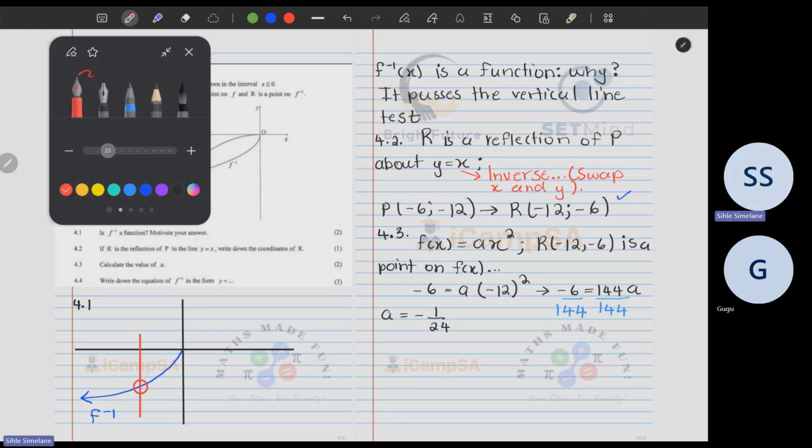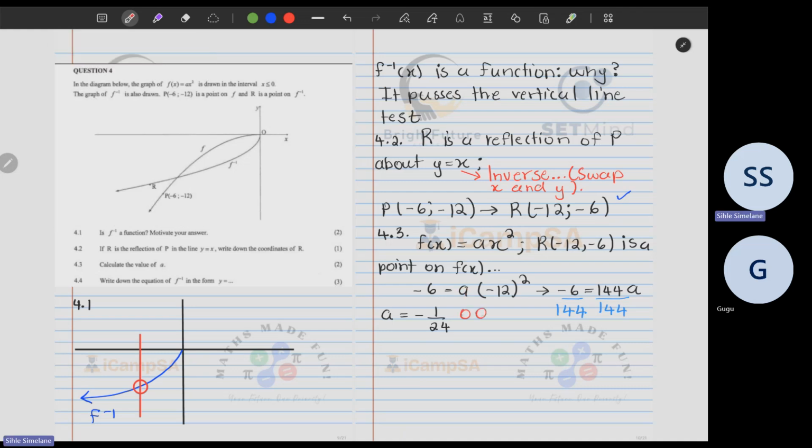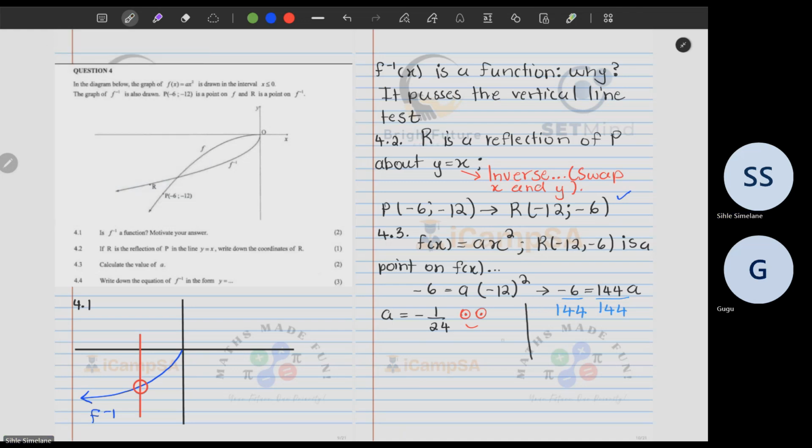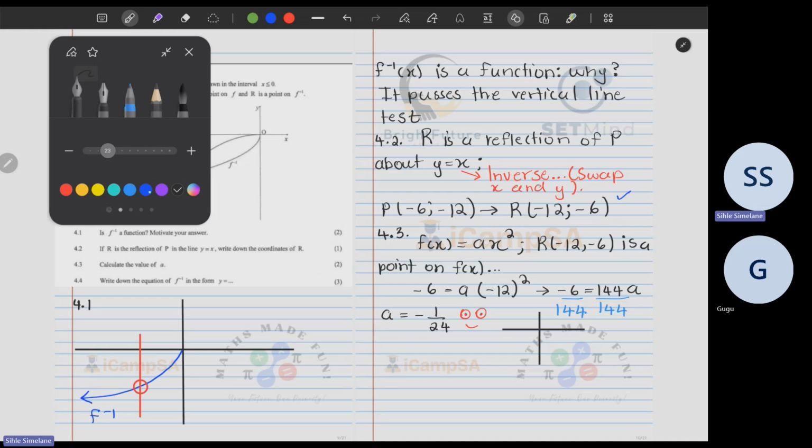And this does make sense. It makes us happy because if you look at the original graph, not the inverse, you will see that one part of it is facing down.